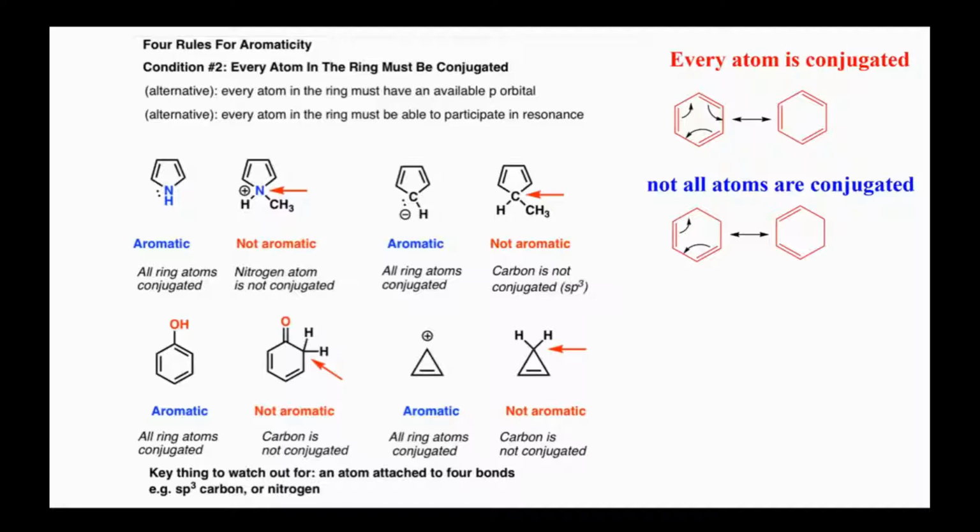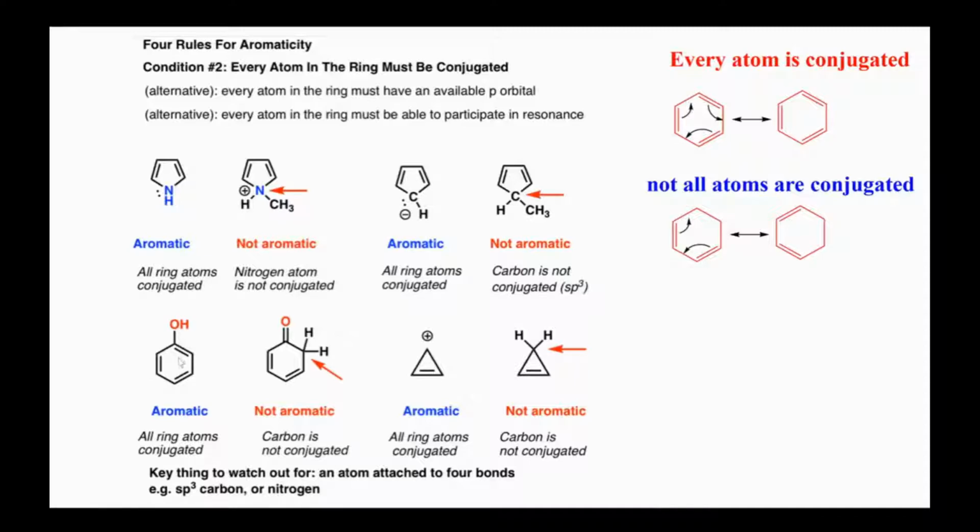So the key point in this compound is this carbon is not sp2. Every carbon in the whole molecule must be sp2, then we can say it's aromatic. So hence this is not aromatic, because the carbon is not conjugated, it's sp3 hybridized.